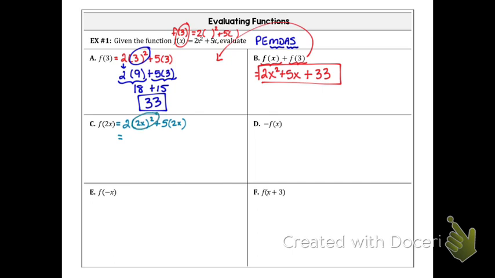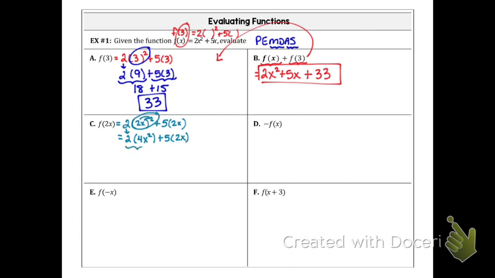Exponent, so I can do that 2x all of it squared. So I'm going to bring this first 2 down. 2x times 2x is 4x squared. Or because the parenthesis, the 2x there, does not have a plus or minus sign, we could also just distribute the square to both of them. That's different, though, if it had been 2 plus x. We wouldn't be able to do that. Plus or minus signs make it harder. So either way, I get 4x squared. And then I'm going to bring down the rest.